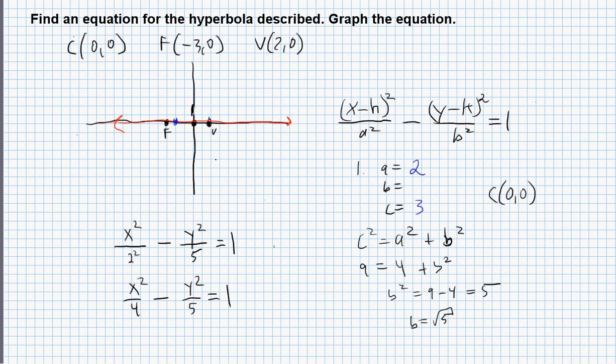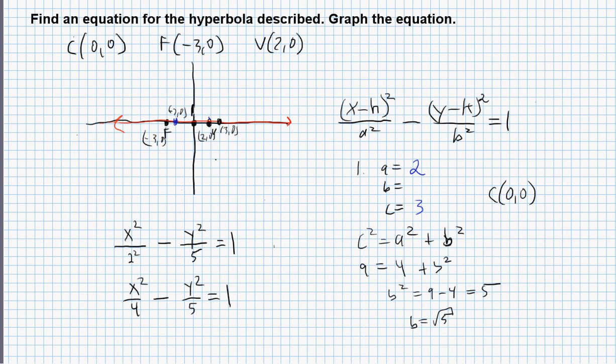Okay, so we've got the two vertex points, and now we can fill in the opposite focal point. This is 3, 0 for that focal point, 2, 0 for that vertex point, -2, 0 for that vertex point, and -3, 0 for that focus point.